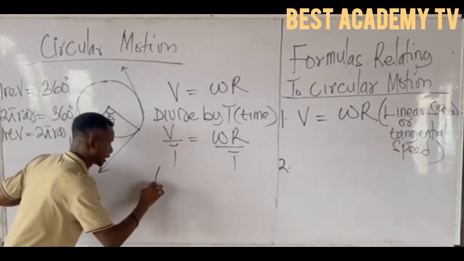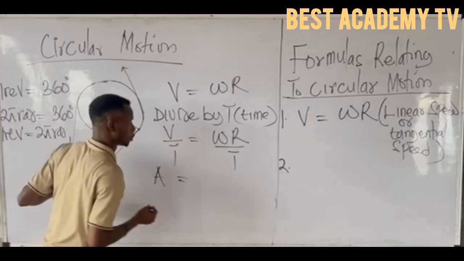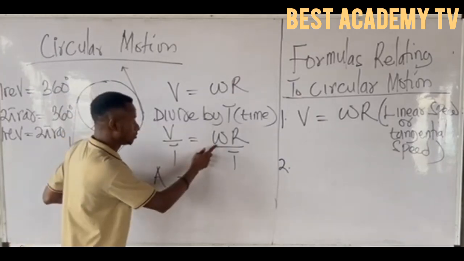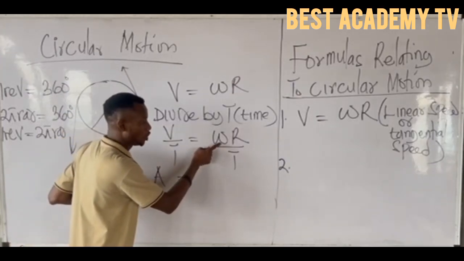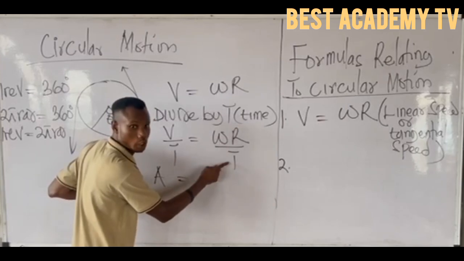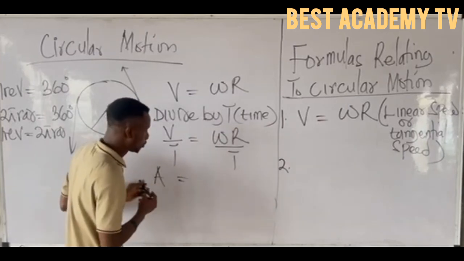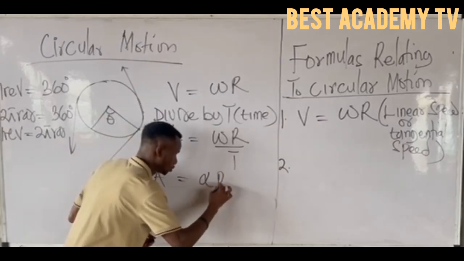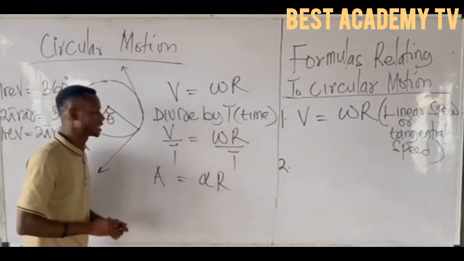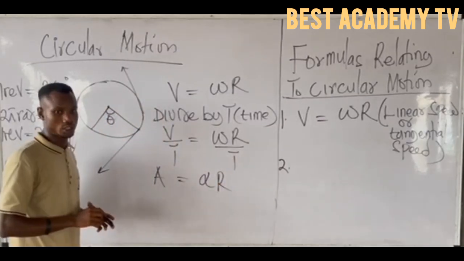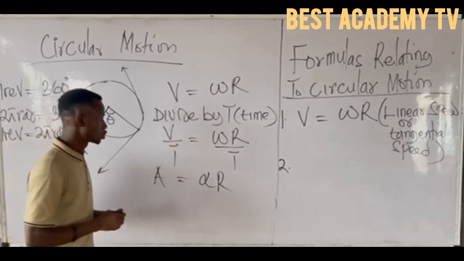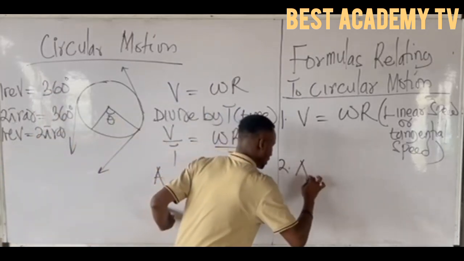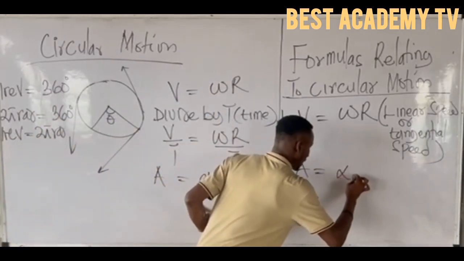So this will give us acceleration is equal to, class, this one is said to be angular velocity over time, which gives us angular acceleration. And we use alpha to represent angular acceleration, times r. Please take note. Now we call this guy here tangential acceleration. Please take note. So our next formula is going to be a is equal to alpha r.